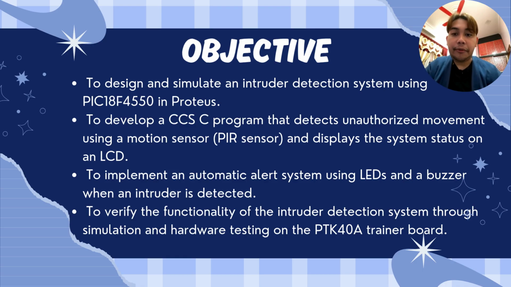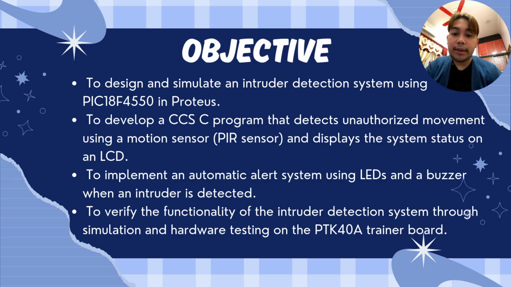For the objectives: first, to design and simulate an intruder detector system using PIC 18F4550 in Proteus. The second one, to develop a CCS program that detects unusual movement using a PIR motion sensor and displays the system status on an LCD.